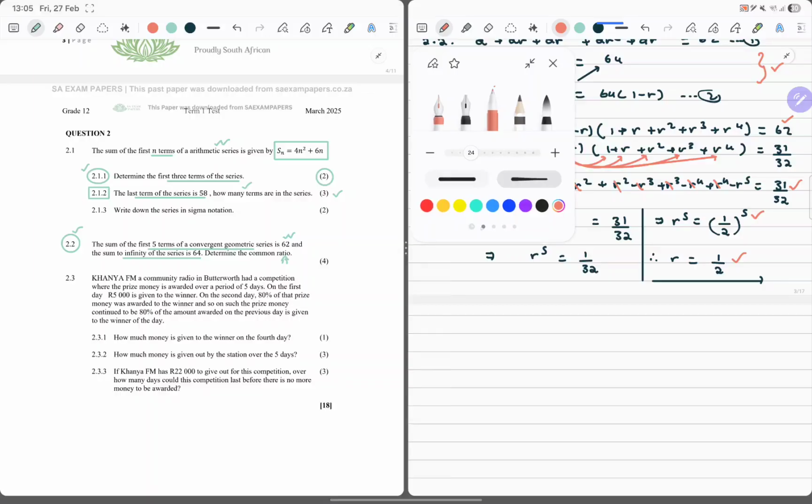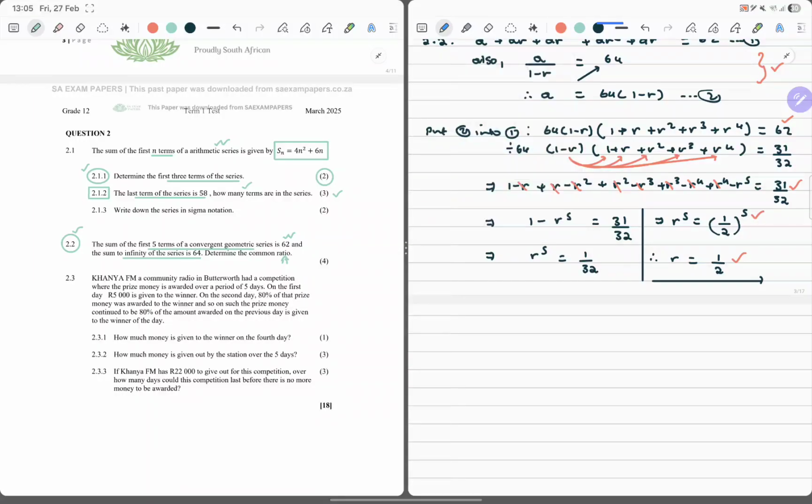Perhaps let's show you guys, because I know it's easy to talk about these things and then sometimes students don't see these. Sometimes you can say Sn is equal to 62. Now the sum here is a into 1 minus r to the n. But now we're told these are 5 terms, so this is going to be r to the exponent 5.